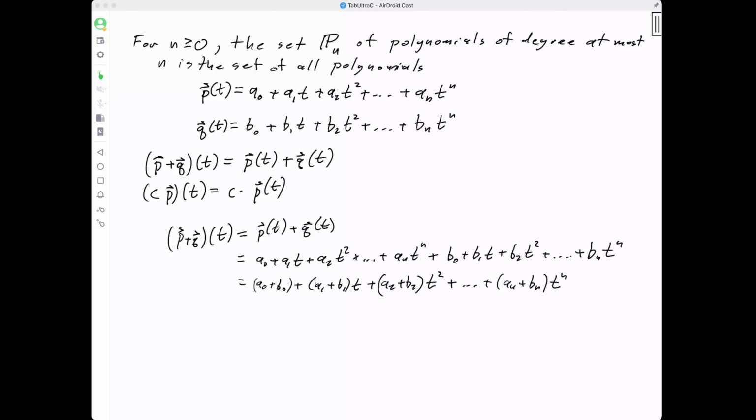But this is just a vector because that meets the definition of the vector space. So we are closed under addition.